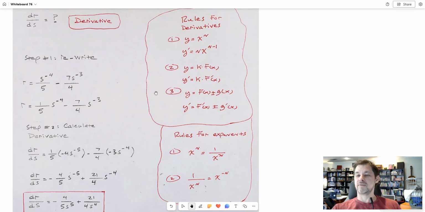Then I've got this third rule that says if I have one function plus or minus another, I can find the derivative of that sort of thing by just carrying the plus or the minus down into my answer and finding the derivative of these functions individually with whatever rule would be appropriate. Okay, now all these are going to be in play here.